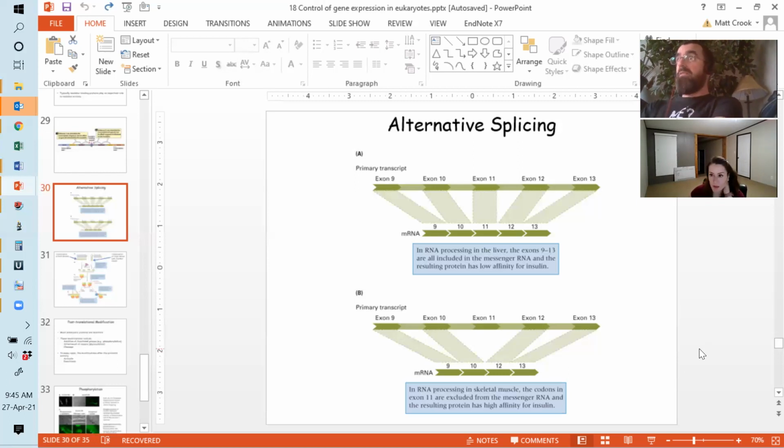But somehow, magic maybe, this exon is not incorporated into the functional transcript, and that changes the protein that's produced. And in some way, that must change the structure of that protein such that it has a higher affinity for insulin, or is able to detect insulin at lower concentrations.